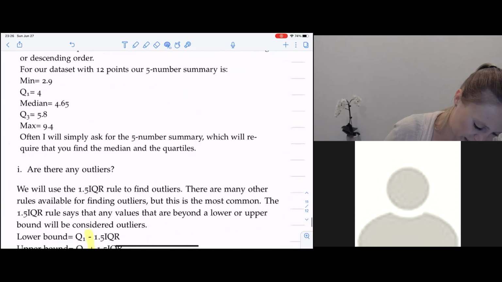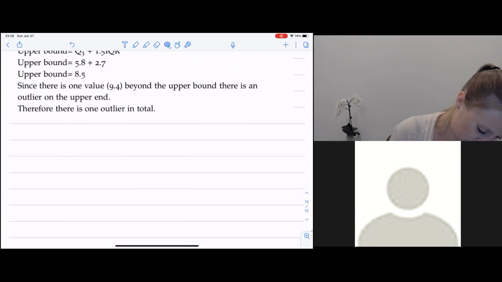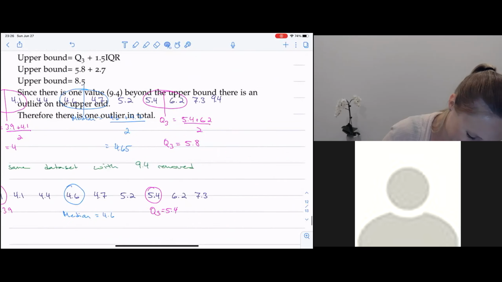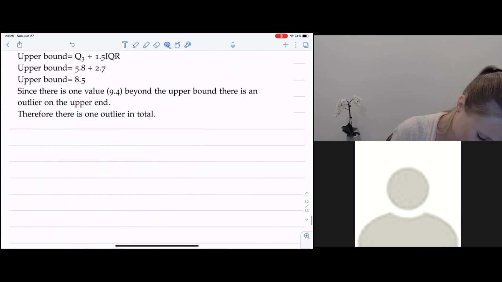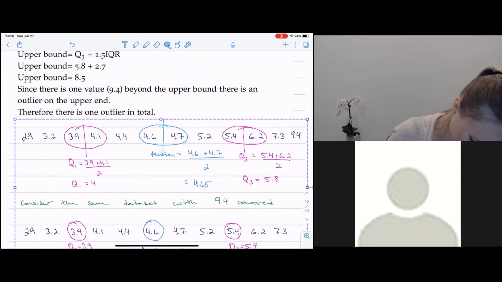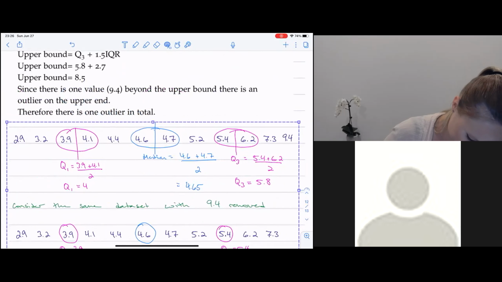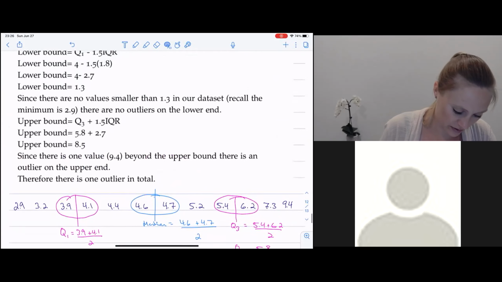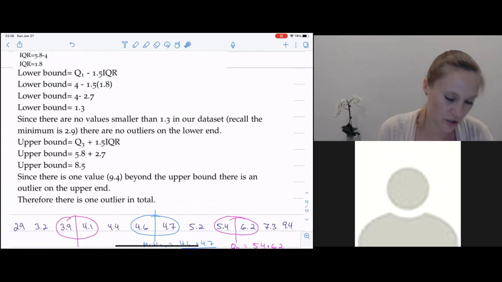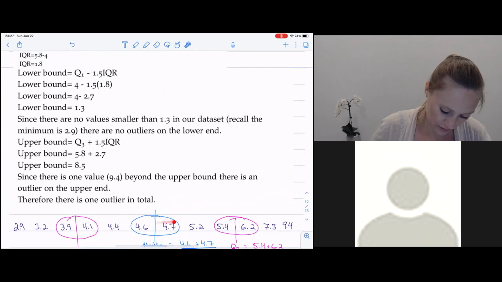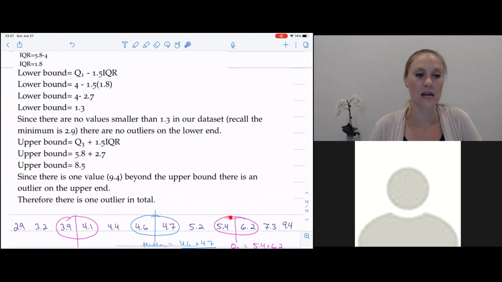You don't need to keep writing it out; you can just do it once. This is the interquartile range for when we had all the data points. So now we're only looking at this data set with all the data points.